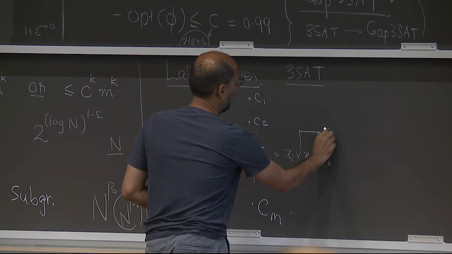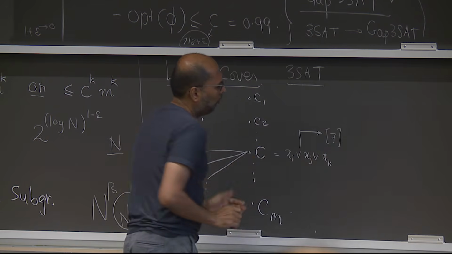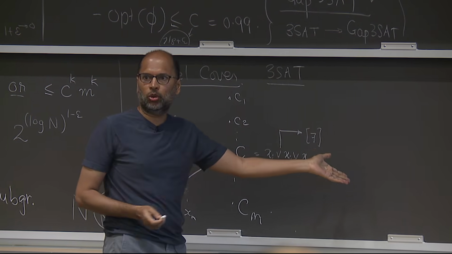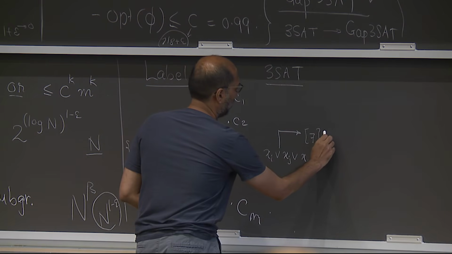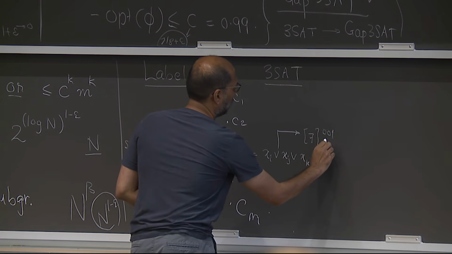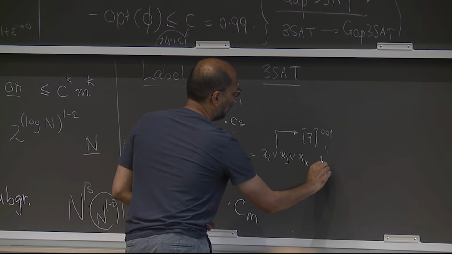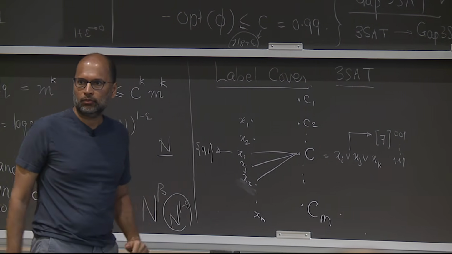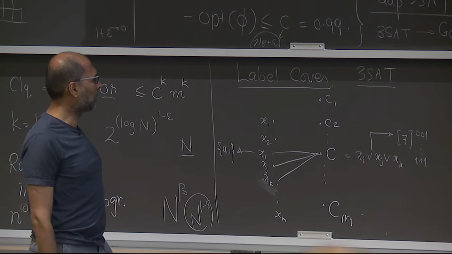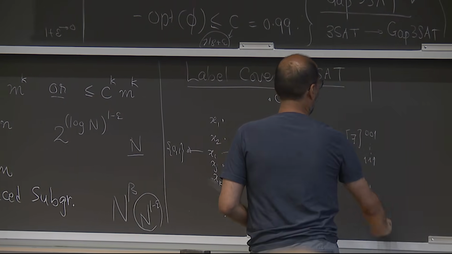So the number of labels here is 7. You can think of them as just integers from 1 through 7, but they can also be interpreted as actual 7 assignments. In this case, it would be 0, 0, 1, and so on, all the way up to 1, 1, 1. Right? Good. And that's the intention. The goal is to label.